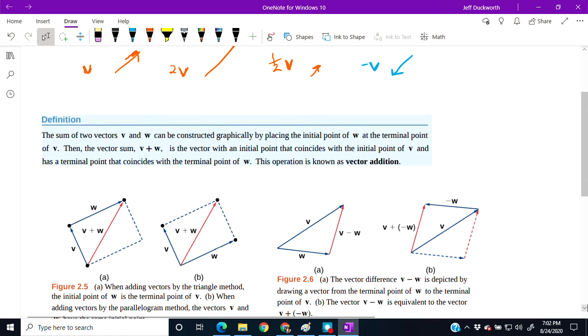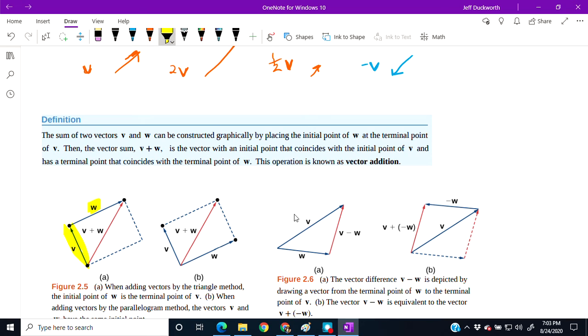Okay, so we can add or subtract vectors, or we can add a negative vector, which is equivalent to subtracting. And when we do add vectors, what we're going to get is we take the direction of one vector. So if our v goes in this particular direction, that's our v, and we have another vector w, and again this is w up here.